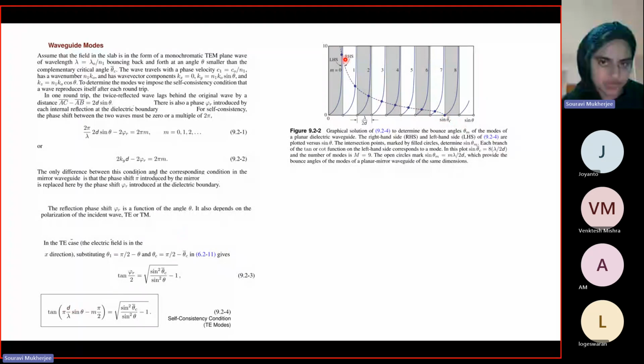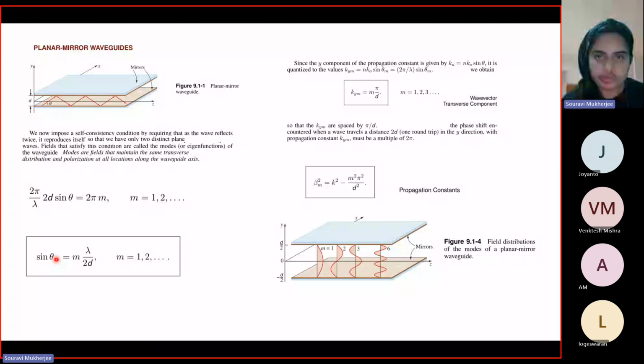And lambda by 2d corresponds to the modes we had initially talked about for planar mirror waveguides. There we had the expression sine theta m equal to m into lambda by 2d. That was the case for planar mirror waveguides. Now it has changed to these intersection points.